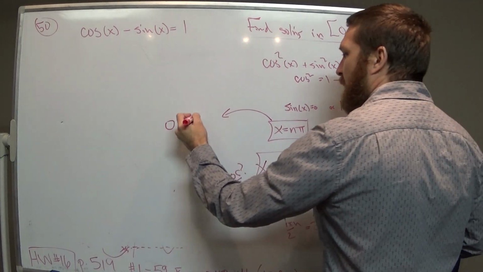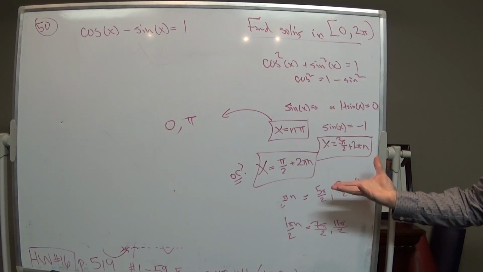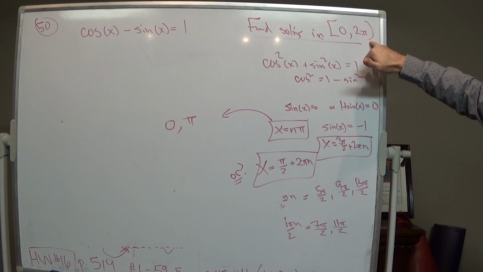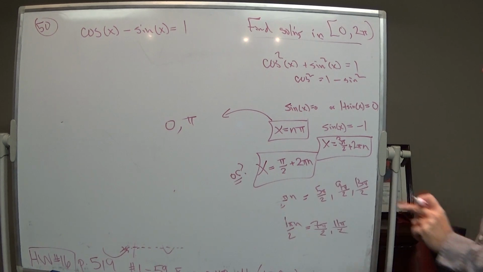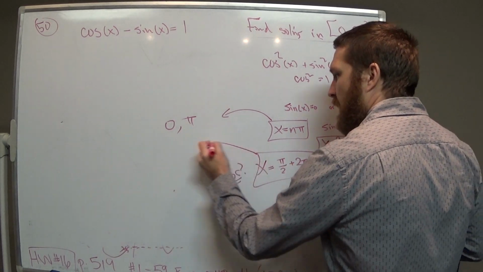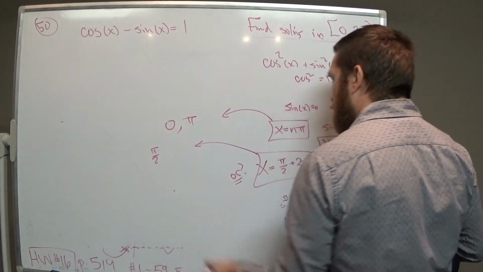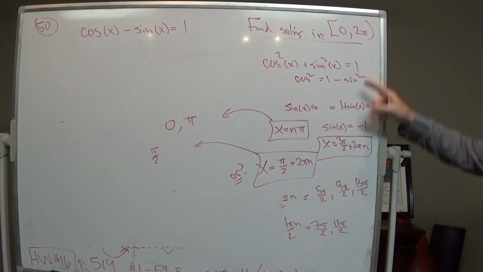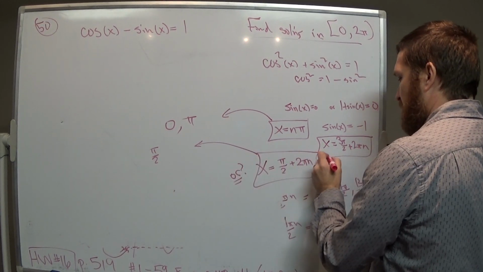Plug in a 1 for n, I get a pi. Plug in a 2 for n, and I'm outside of what I care about, so I'm not going to worry about it. Here, I plug in a 0, and I get a pi over 2. Plug in a 1, I'm outside of 2 pi. Easy enough.